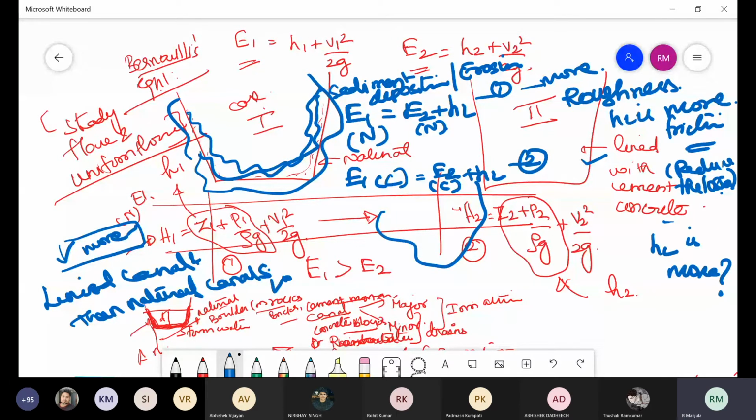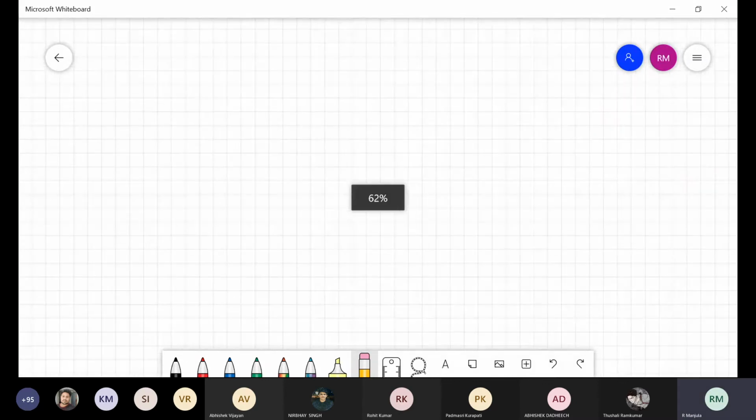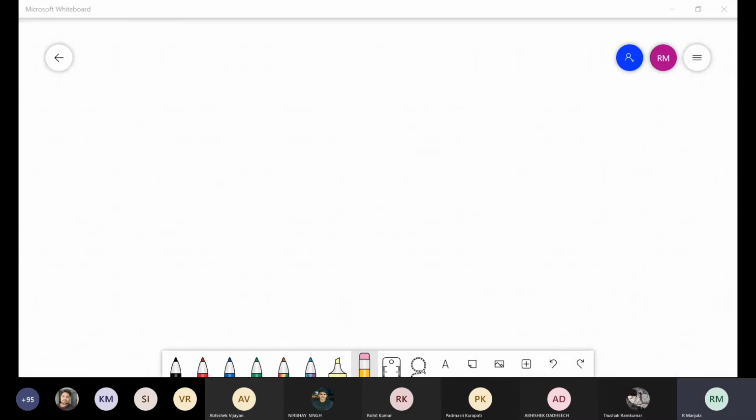The channel cross section will be something like this. So it is difficult to maintain the channel cross section. That is one thing. Okay. Actually, what we are discussing is the most efficient section, right?